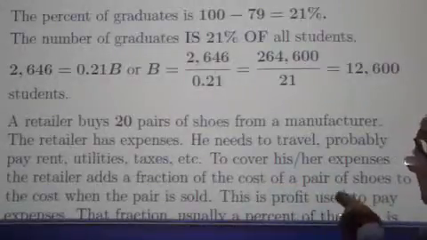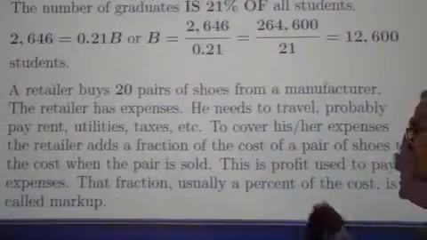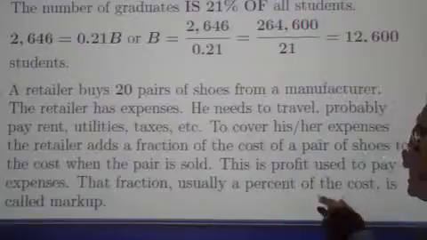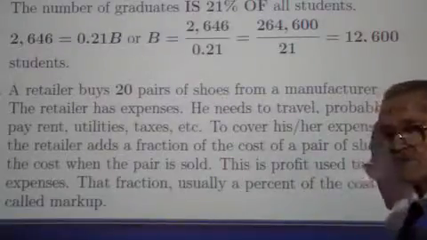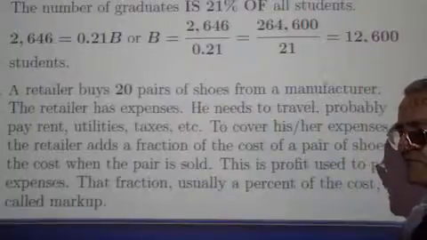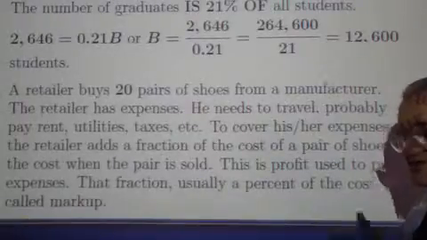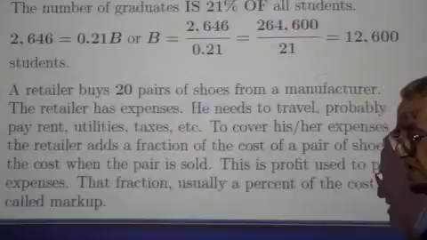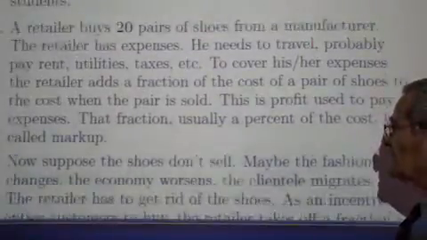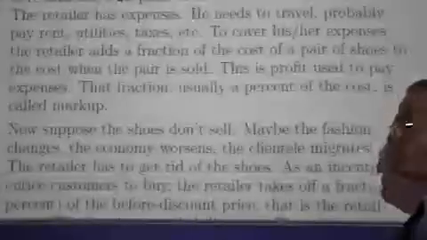This is profit, and the profit is used to pay the expenses. That fraction, usually a percent of the cost, is called markup. So you sell something, you sell it at a price for which you bought it plus your profit. So a percent of the cost of what you bought it for. Now suppose the shoes don't sell.